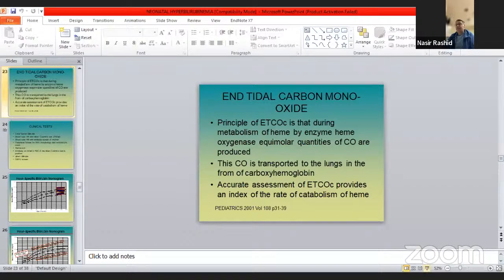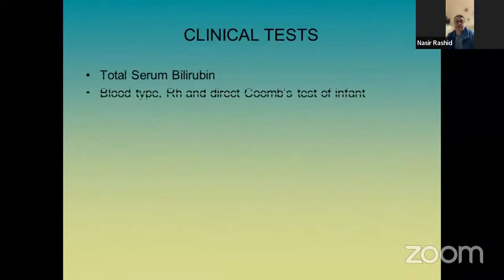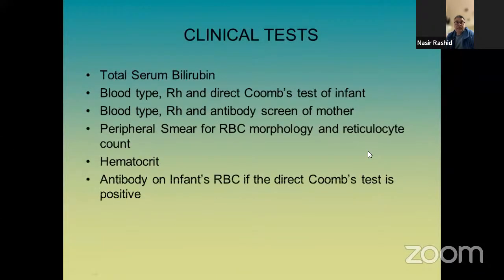So once you have an infant available to you, and you're now thinking of doing clinical tests to figure out whether you want to treat or not, you do a total serum bilirubin. You check for blood type, both Rh and ABO. You look at the peripheral smear for the morphology and the retic count. And the retic count is very important.